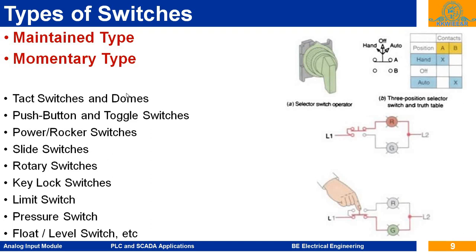Another one is the momentary type. An example is the doorbell push button. When you press the button, only for that moment the bell push button is on and the bell is ringing. When you remove your finger, it returns to its original position.